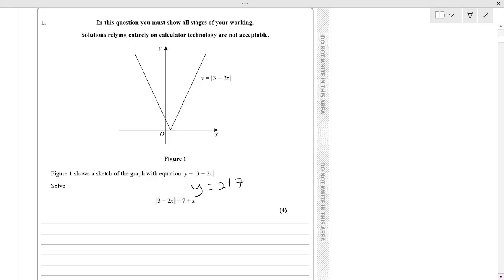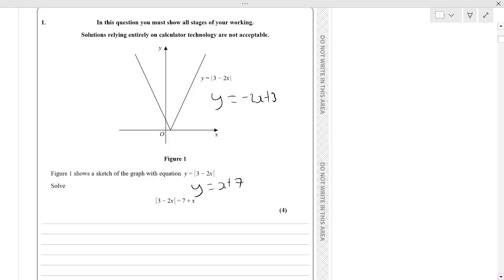The other thing with sketching, it's a good idea to get an idea about the gradients and the y-intercepts of both of them to aid with sketching and see where things are. So for modulus of 3 minus 2x, ignoring the modulus, y would be minus 2x plus 3.